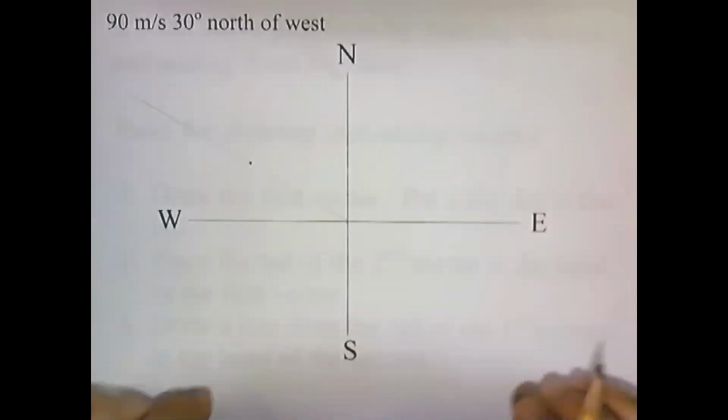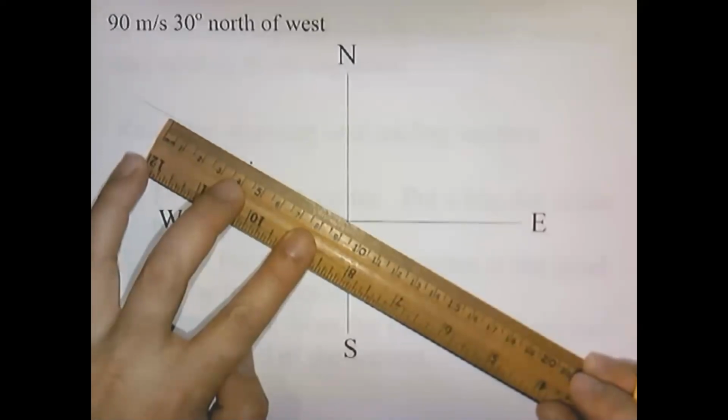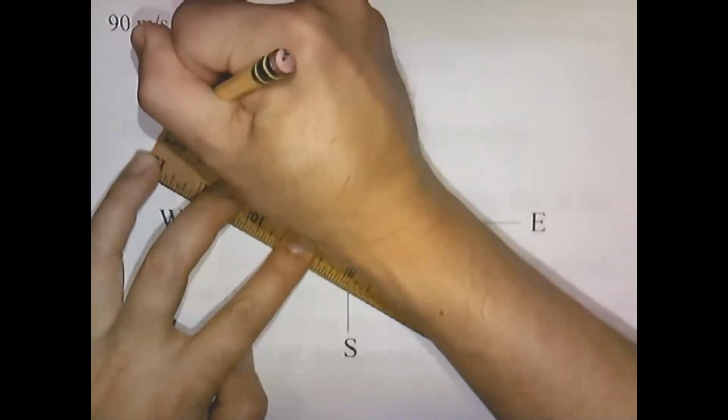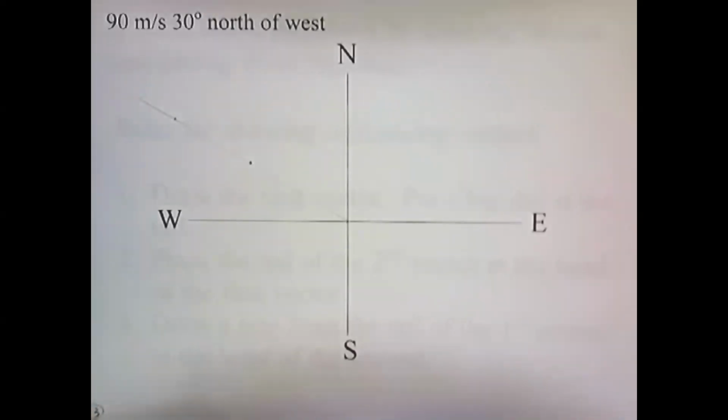And then to represent the 90 meters per second, we'll draw the line 9 centimeters long. So 9 centimeters, let's see. All right, so it's going to end right there. Okay, so now we can fill everything in.